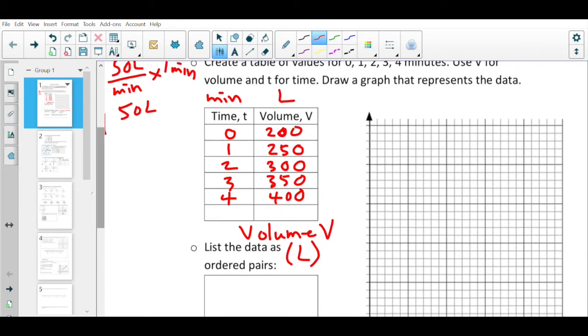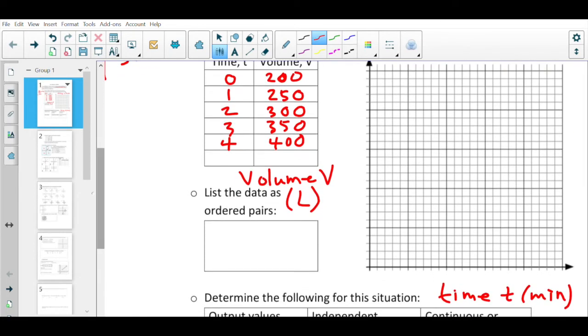And this is filling a tank. Time 0, let's set up our graph here. That's 1, 2, 3, 4 minutes. That's 100, 200, 300, 400, and 500 liters.